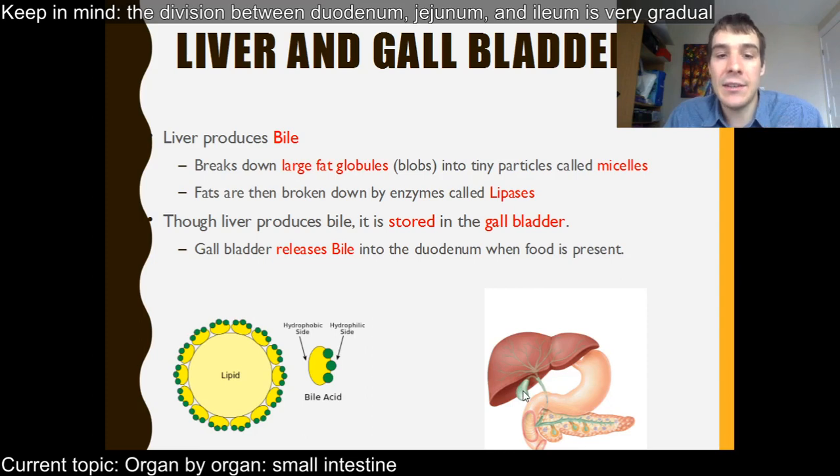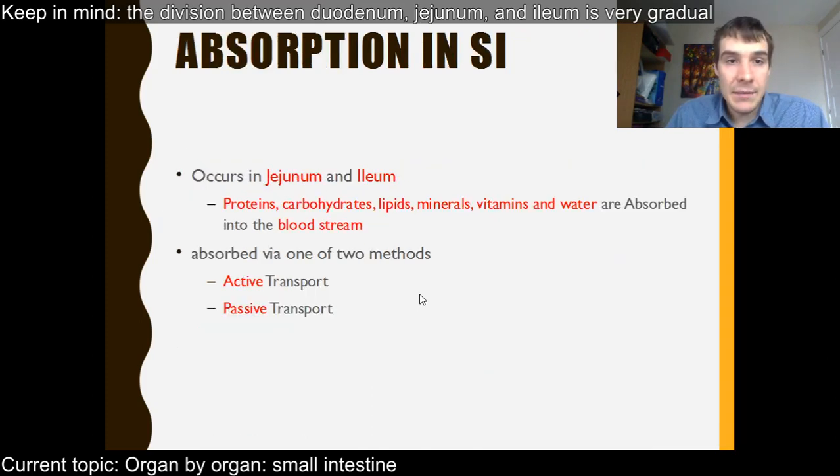It's just a sac to store the bile. And then that bile ends up going into the small intestine. By the way, bile is the reason that your poop is brown. The bile itself is what lends the color to the poop, which is always interesting to hear. That's the liver and the gallbladder.